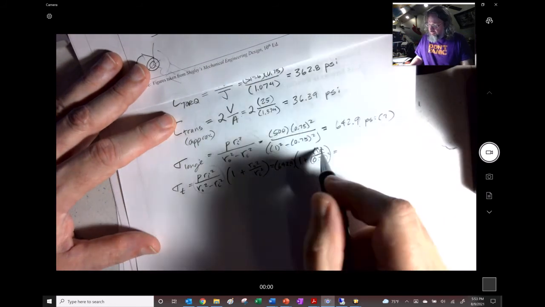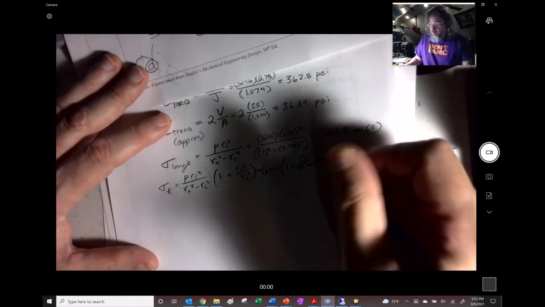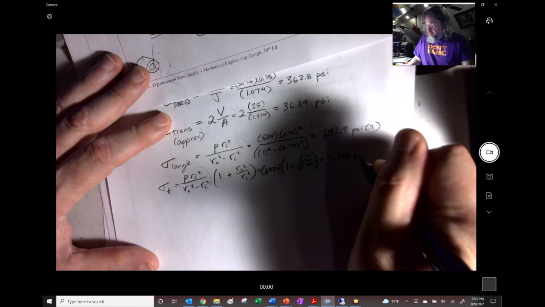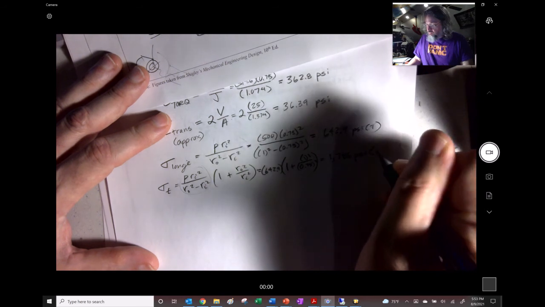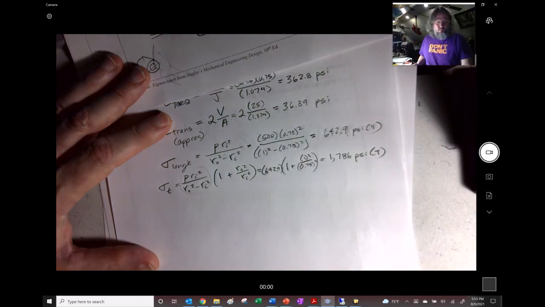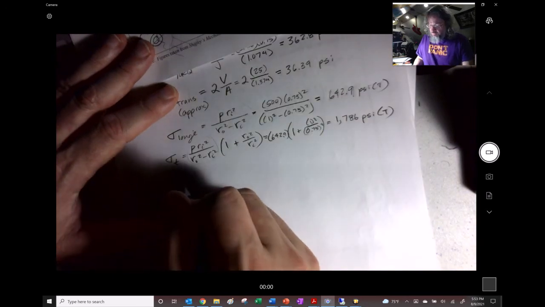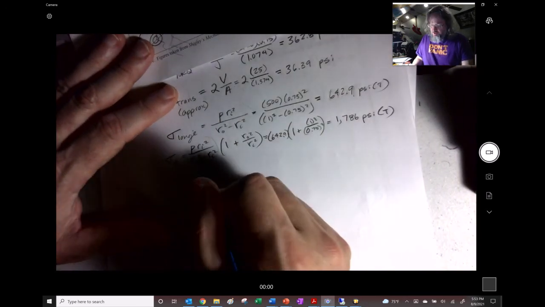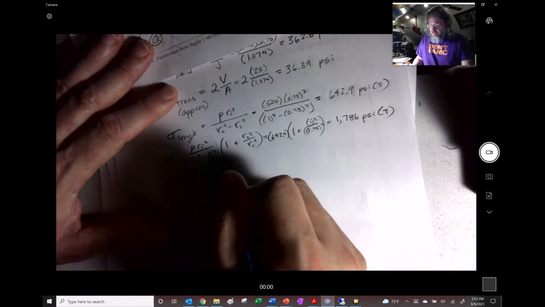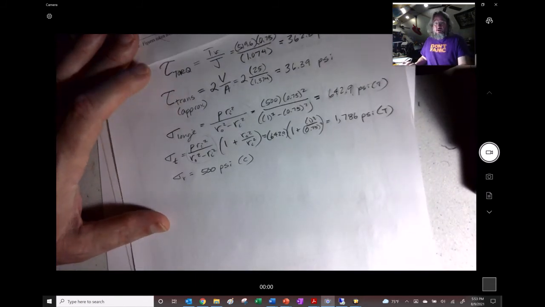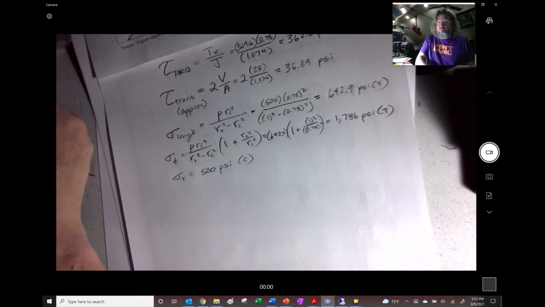So this is going to be something greater than 2, right? And so we get 1,786 psi. And then the last one is going to be our radial, and that's just going to be 500 psi in compression. So wow, we have a lot of stresses, a lot of different things taking place.